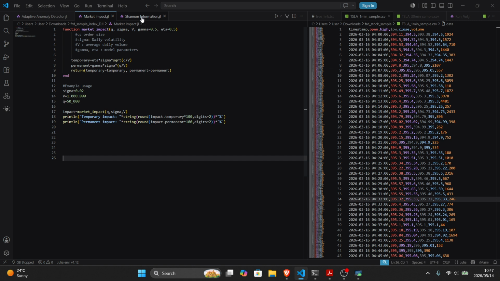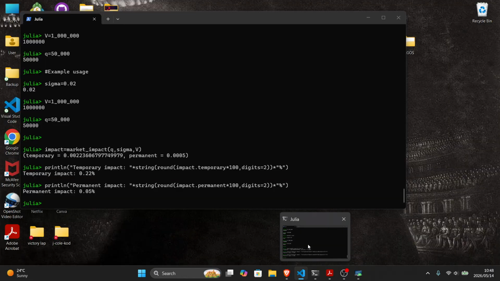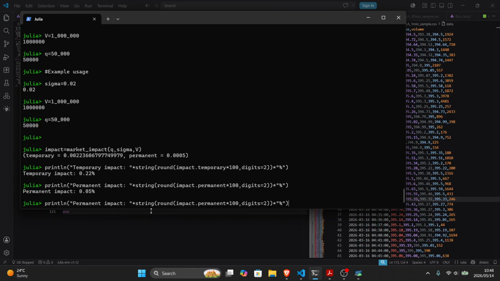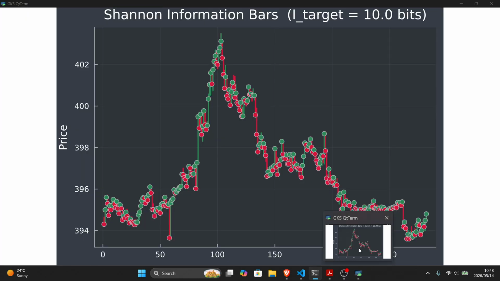I'm going to be using my 1 minute Tesla data. And I've already run this. And as you can see, our target is about 10 bits, right?